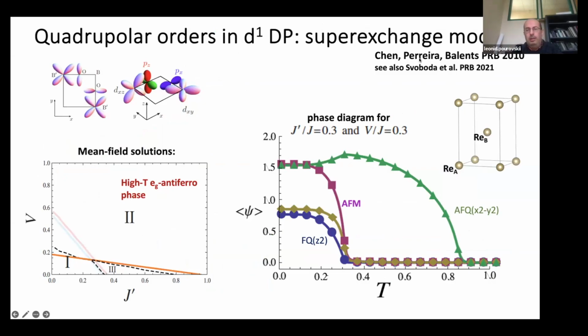Actually, it's a prediction. This paper was published quite many years ago, before the actual experiments were done. And for a certain set of parameters, one indeed finds first a transition to an antiferro quadrupolar phase, and then at lower temperature a transition to a canted antiferromagnetic phase.